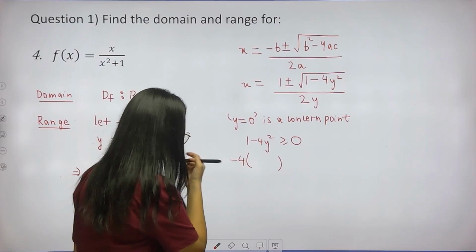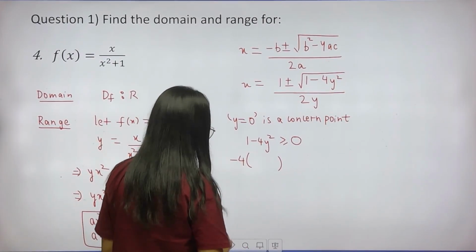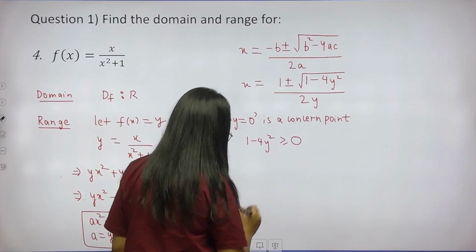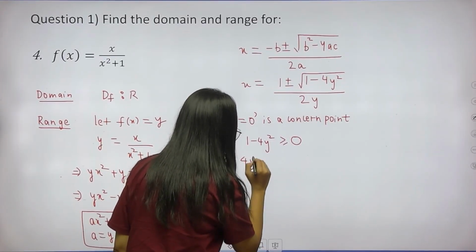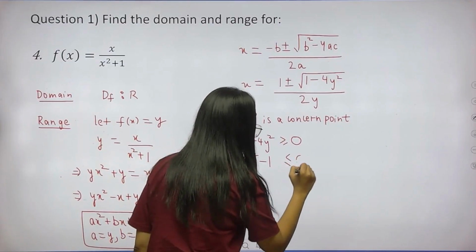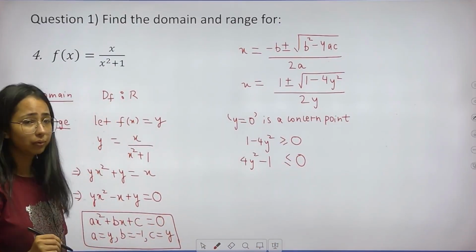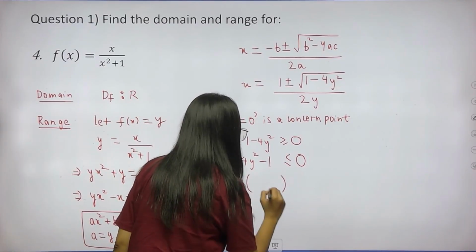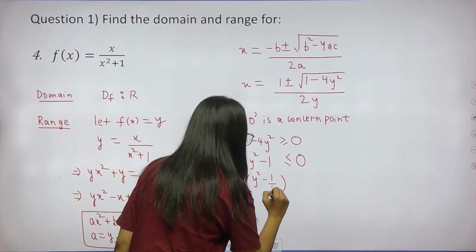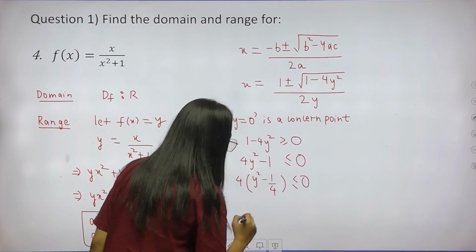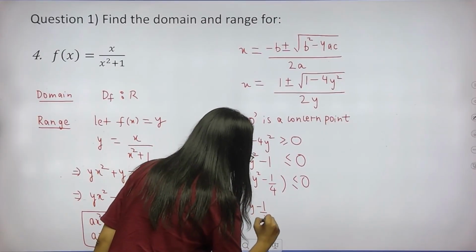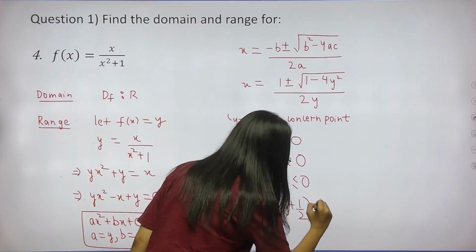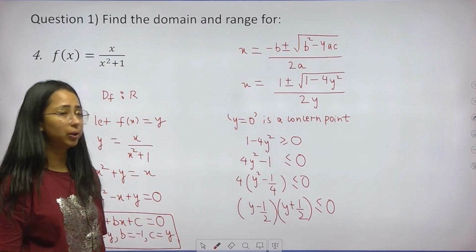We get 4y square minus 1 less than or equal to 0, because we take a negative sign common. Now let's take 4 common. We get y square minus 1 over 4 is less than or equal to 0. Now y minus half into y plus half is less than or equal to 0.